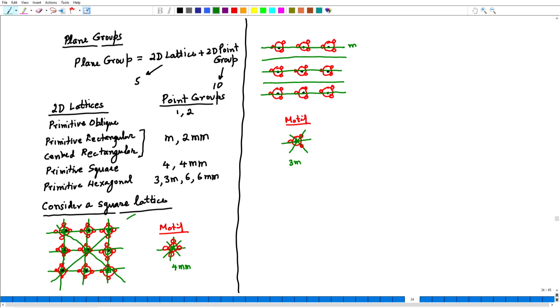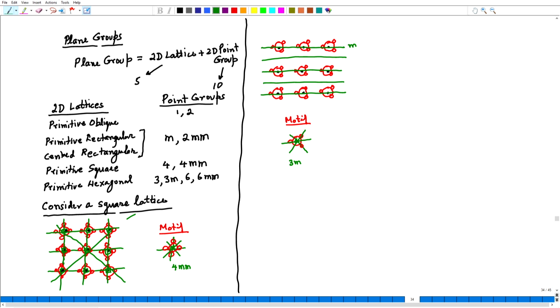If you look at it, which lattice requires a minimum symmetry of a mirror plane? You will find that it is primitive rectangular or centered rectangular. Now, this is not a centered cell.